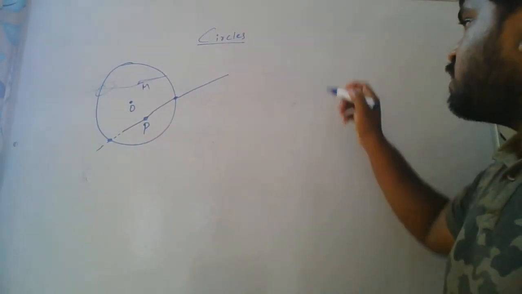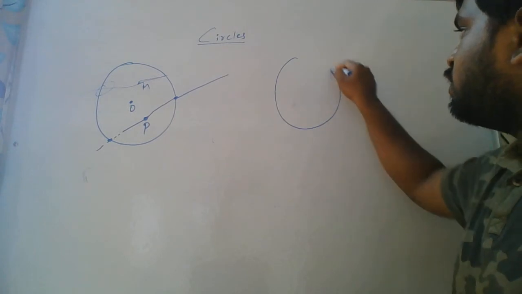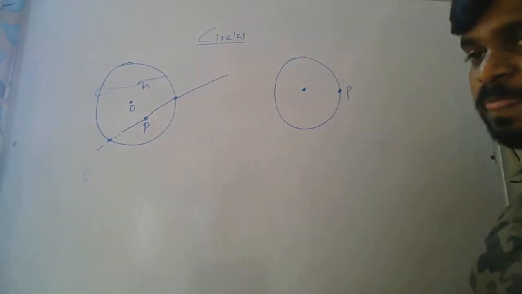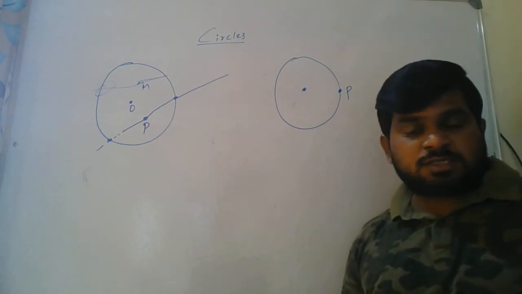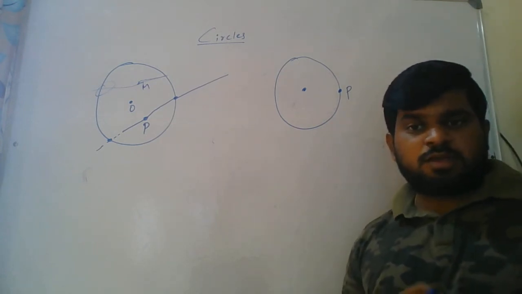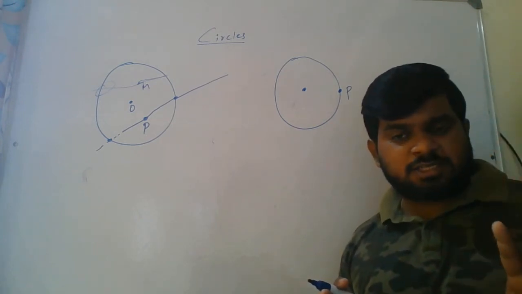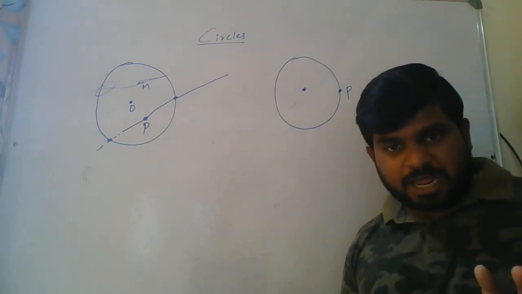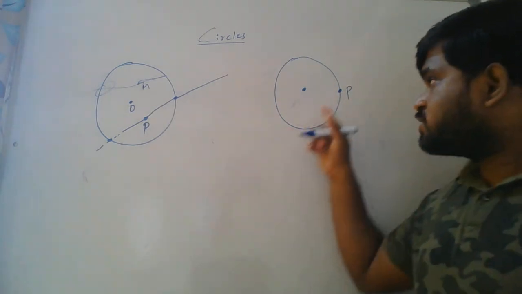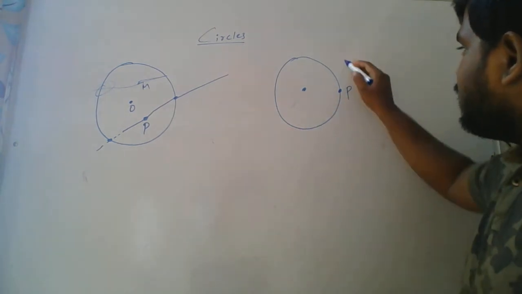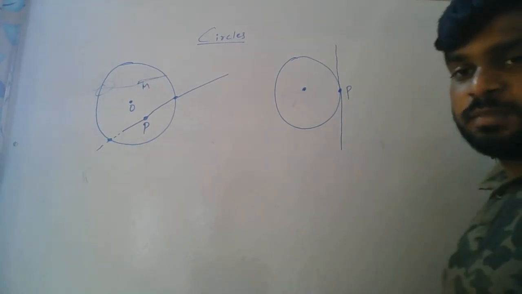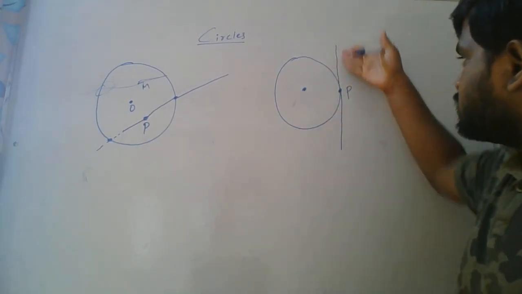Now suppose a point is on the circle. Same task, draw a tangent. You should draw a tangent in such a way that it is a tangent and also passes through this point. I can draw it something like this, isn't it? Observe, this is the tangent.